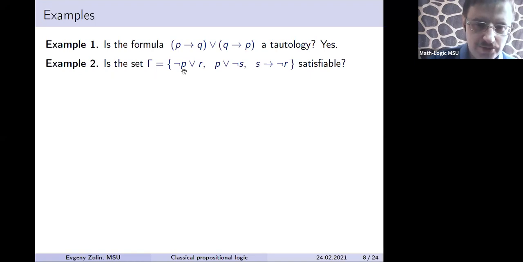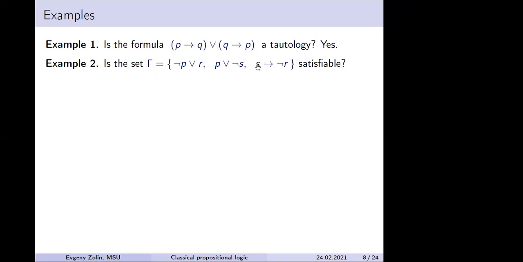So from these two, we have S implies P, P implies R, so S implies R. And we also have S implies not R.